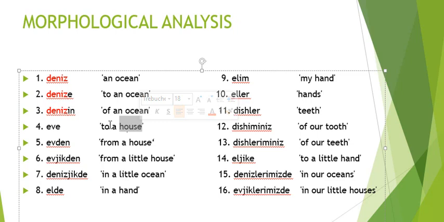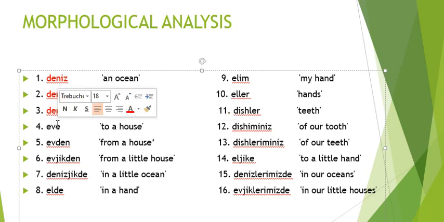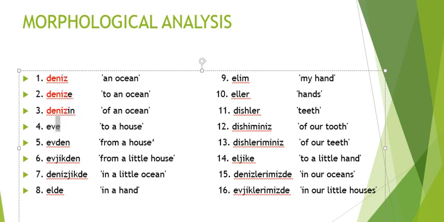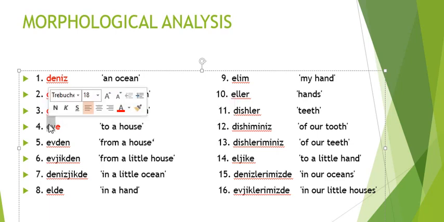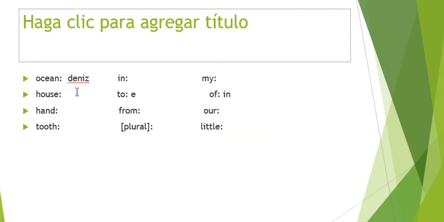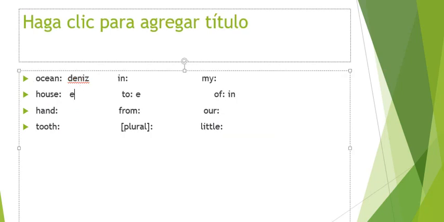Now you know that 2 is E, so you color it or you cross it out. E is 2, and logically you know that a house in Turkish is ev. So house in Turkish is ev, okay?